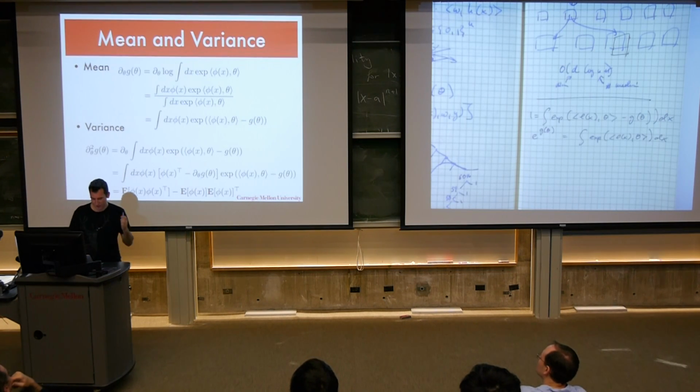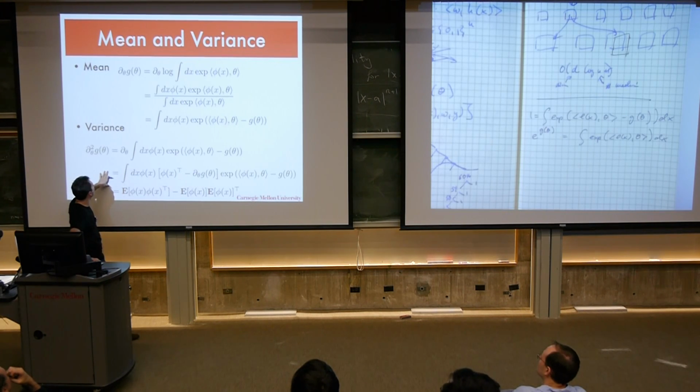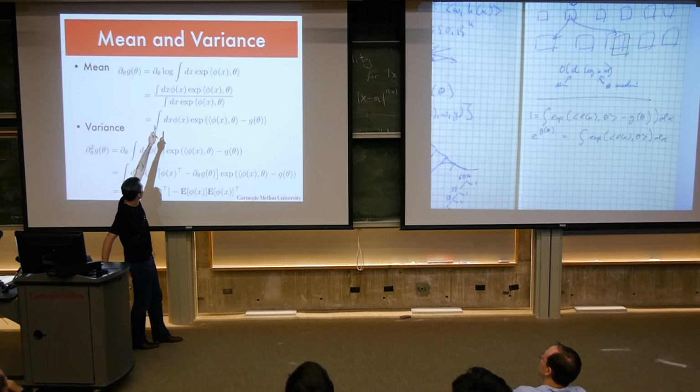Okay. Computing mean and variance, well, it's just what happens here on this slide. I'm going to spare you walking through the variance part, but for the mean, basically all we do is apply the chain rule. So the derivative with respect to theta of g of theta is the derivative of the log of this integral. Now for the log, we just divide by this term, and then we pull the derivative into the integral. And so we get phi of x times e to the phi of x dot theta.